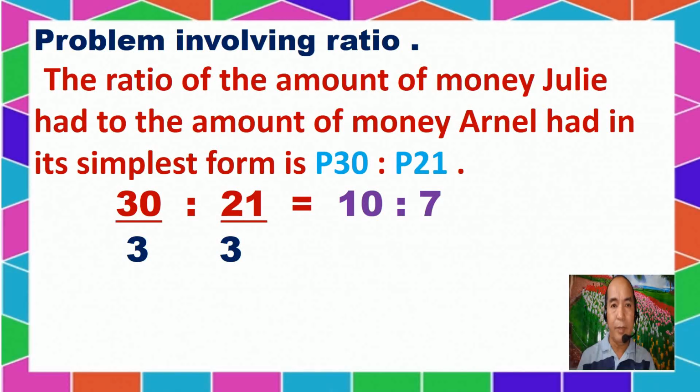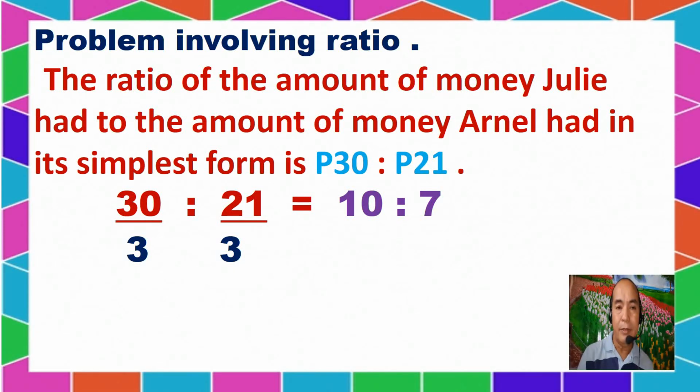So, the ratio of the amount of money Julie had to the amount of money Arnel had in its simplest form. So, if we have 30 is to 21, we will have to divide the quantities by their greatest common factor, which is 3. 30 divided by 3, we will get 10. 21 divided by 3, we will get 7.